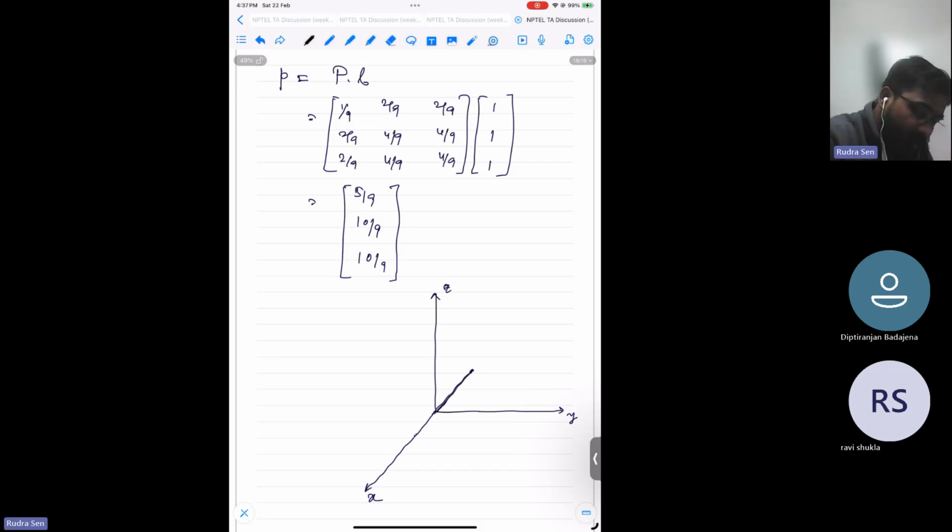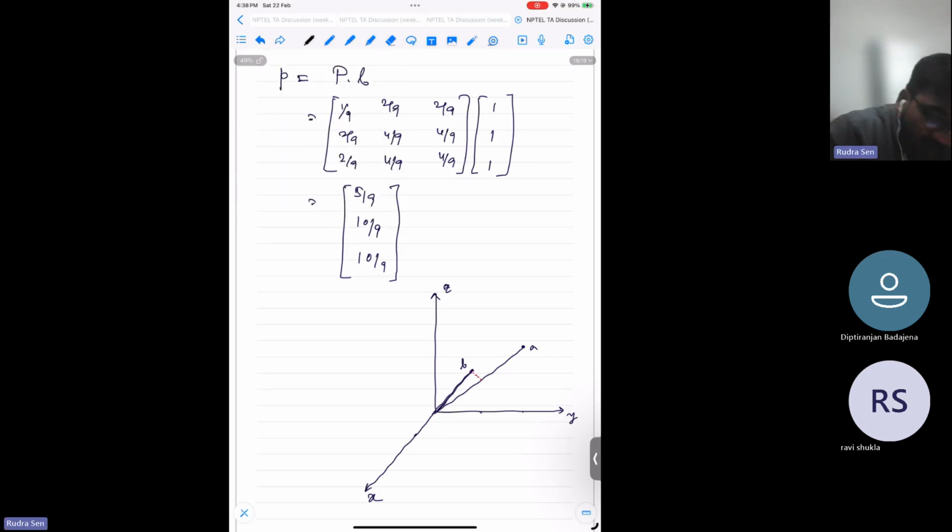And we have another line 1, 1, 2, 2. This is the B vector, this is the A vector, and we are trying to project this thing, right?